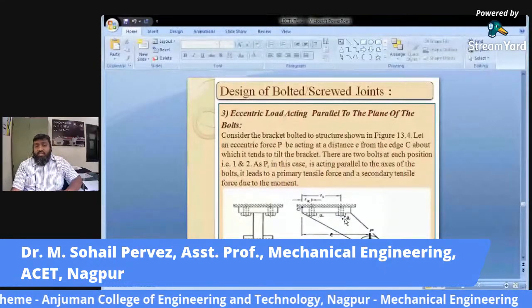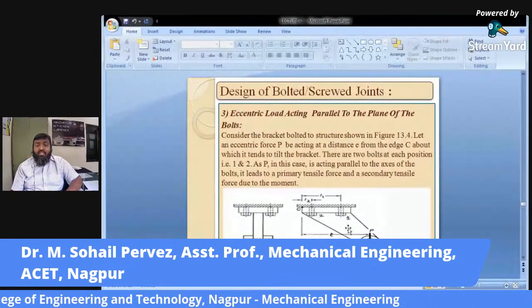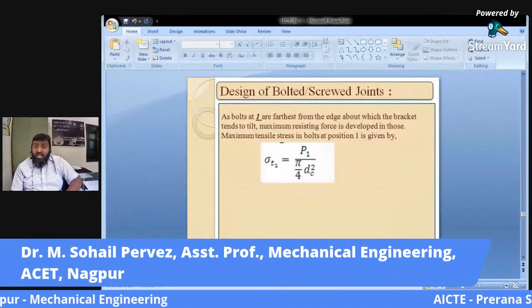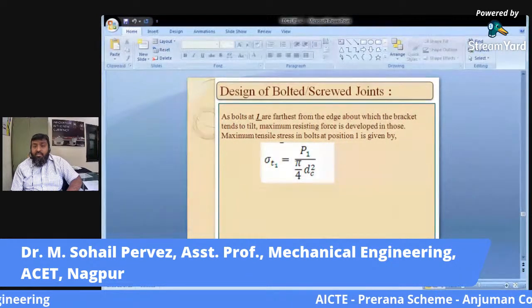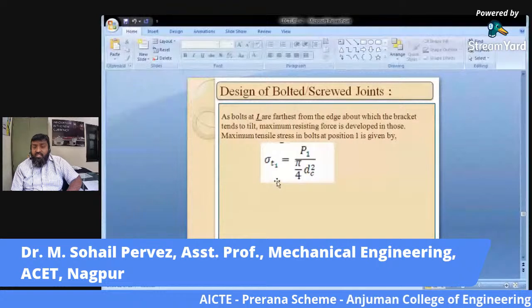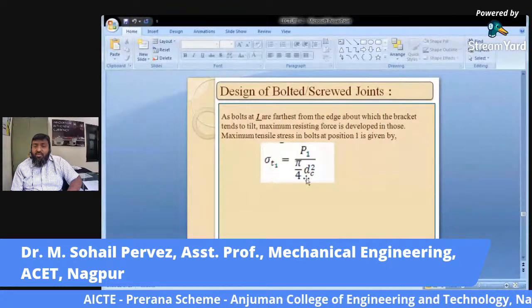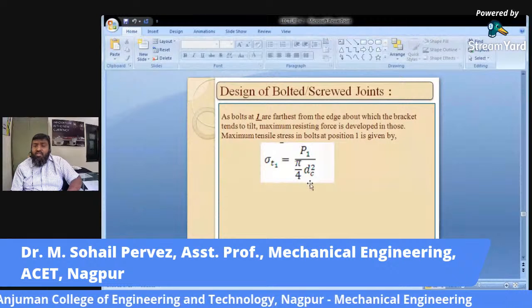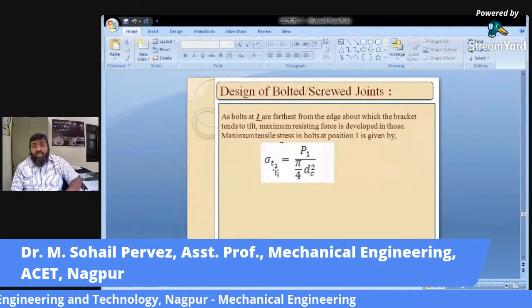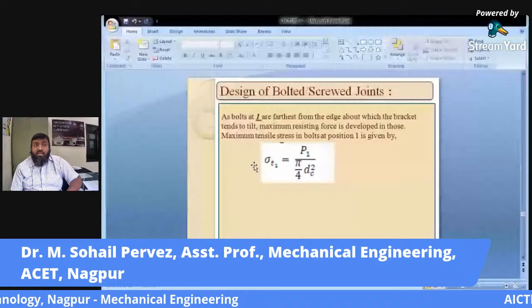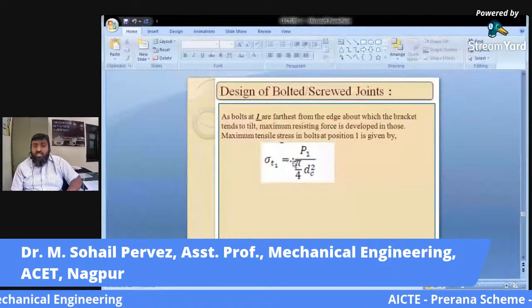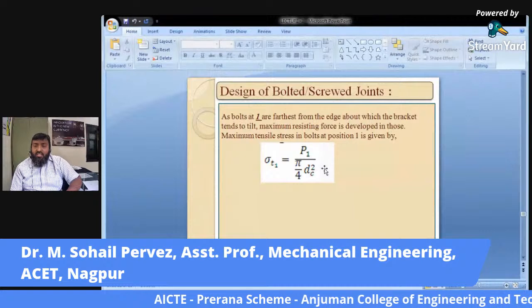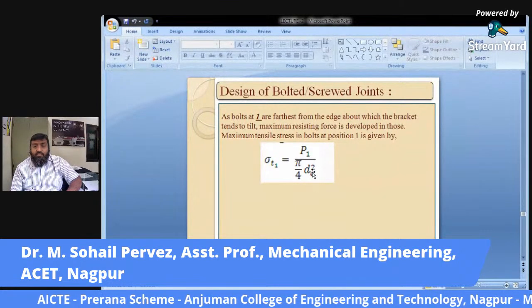So the bolt at 1 will experience maximum load, and for calculating sigma T1, if you want to calculate Dc, the formula would be P1 equals pi by 4 Dc square into sigma T1 or sigma T, doesn't matter, but P1 matters. So P1 is the highly stressed bolt at the distance L1.